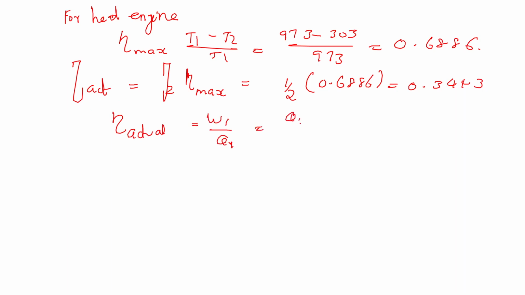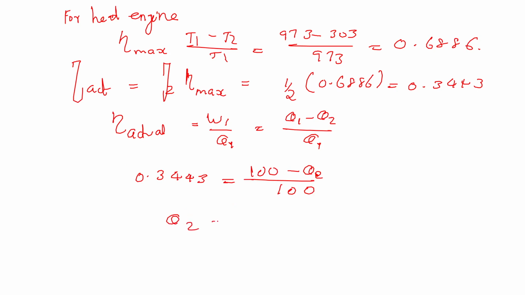So that will be Q1 minus Q2 divided by Q1. So substitute those values. Eta actual, 0.3443 is equal to 100 minus Q2 divided by 100. From there you will get the value of Q2, it will be 65.57 kilojoule.